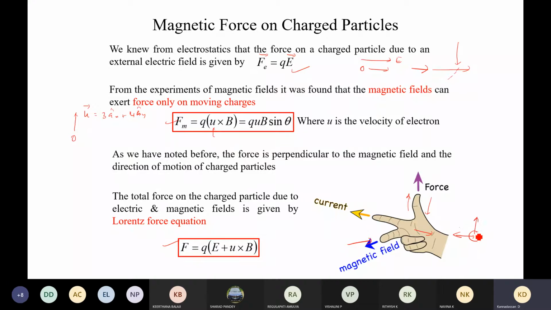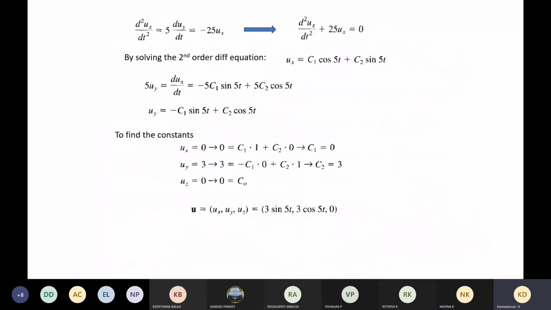Then you can rotate this geometry in whatever direction. If this is the current, then the force will be in this direction, where the magnetic field is towards the charge. If it is the opposite side, exactly all the directions will be opposite. That is a very easy way to understand the force which is acting upon it.